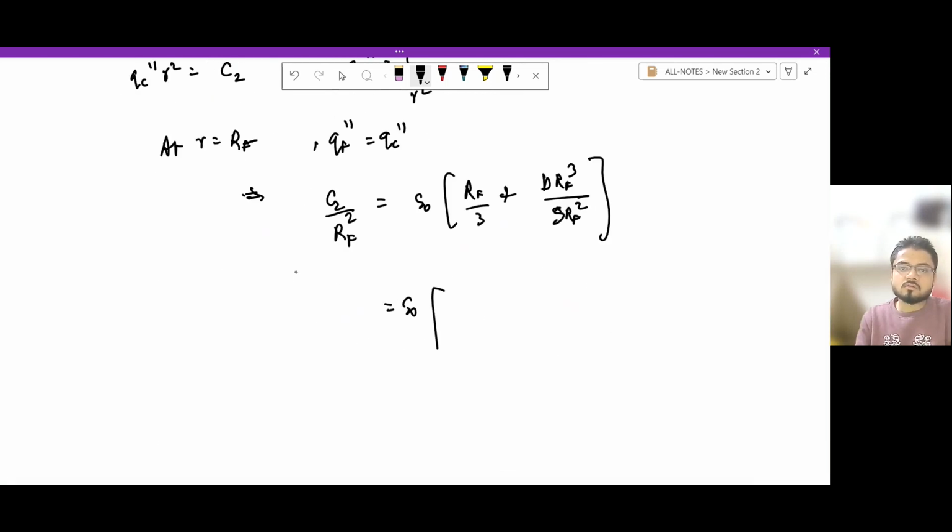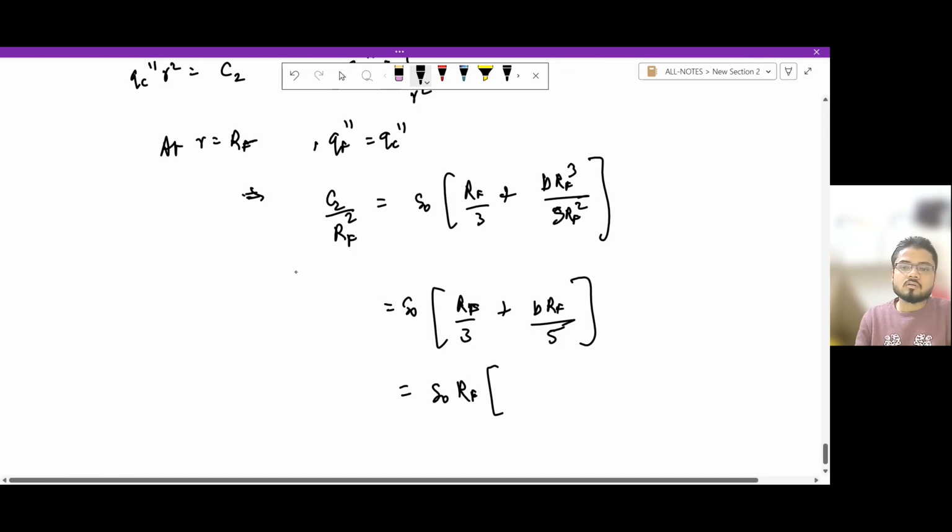So this becomes RF by 3 plus BRF over 5, which is equal to S naught times RF, 5 plus 3B divided by 15.